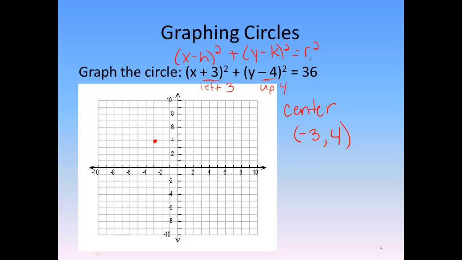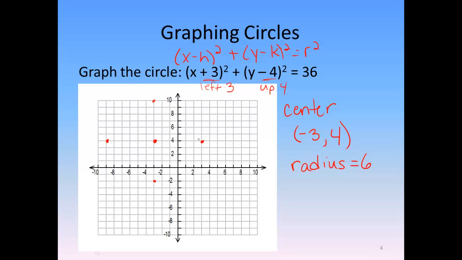I look at the end where it says r squared, and r squared is 36. That means my radius is 6. So from my center, I can count 6 in every direction: 1, 2, 3, 4, 5, 6.